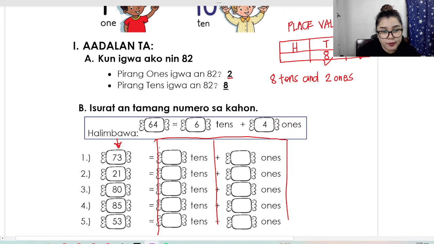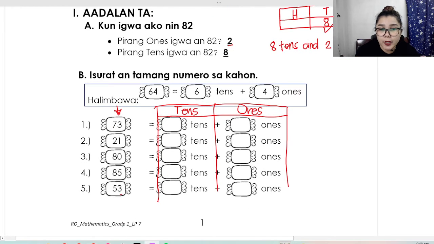On the rightmost, you need to write the ones, and here the tens. Very easy lang ito. So, we have 73. Alin ba dyan ang tens, alin ang ones? Until number 5, 53. So, pause to finish Part B.